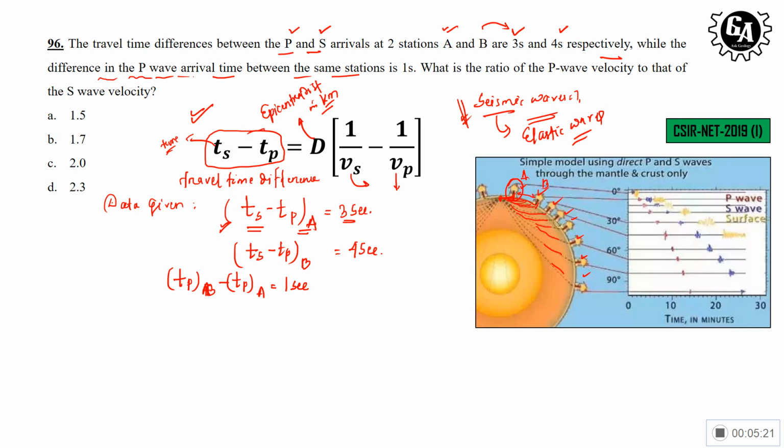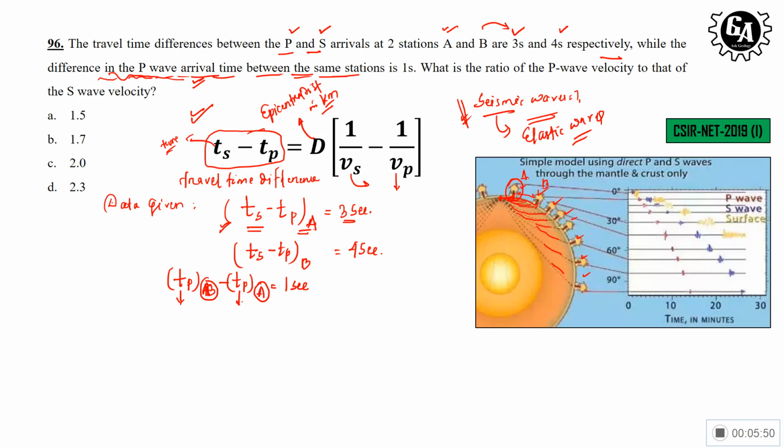Is it clear? The difference in P wave arrival time between the stations, A and B, where we are considering B to be farther away, which is why it takes longer, is given to be 1 second.